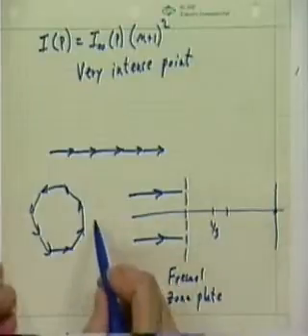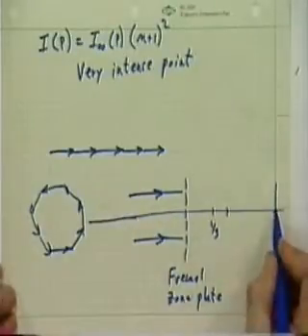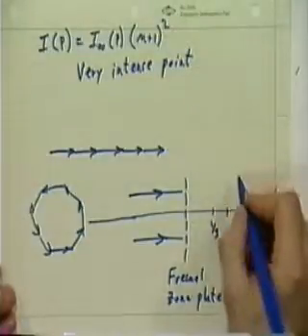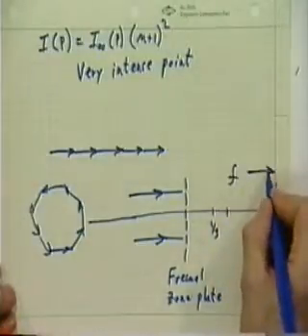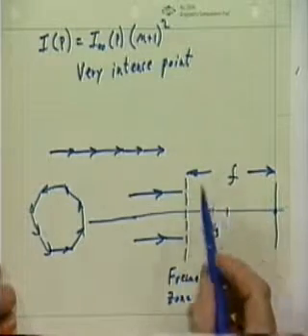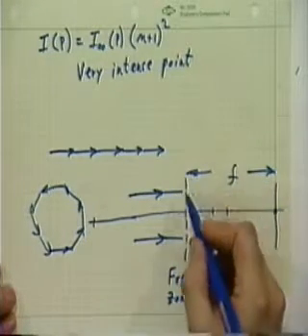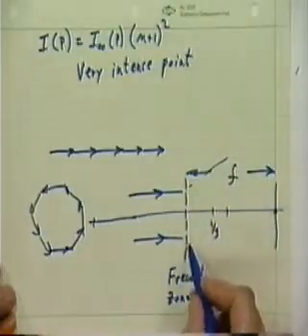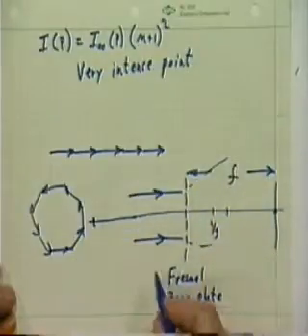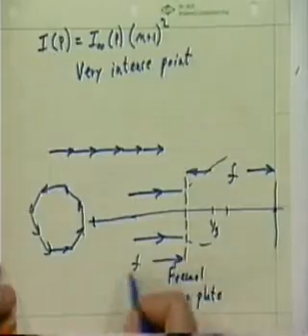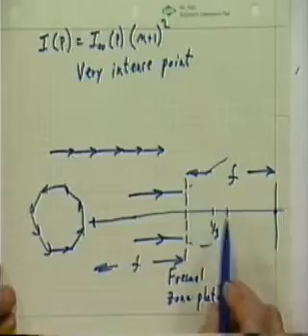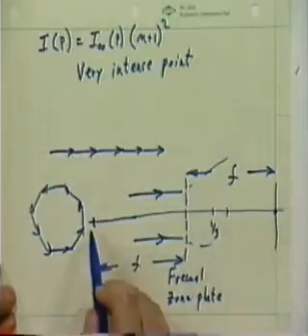And so not only do I have a nice focal point over here, which I'll call F, I can also have light diverging from a point over here, a distance F on the other side. So this zone plate has both positive and negative focal lengths.